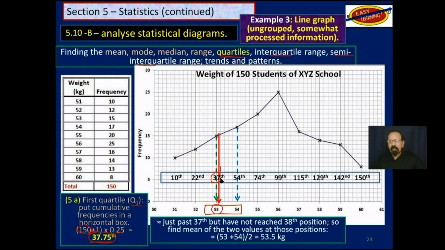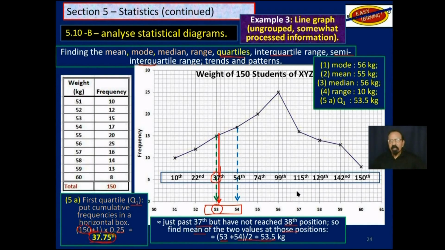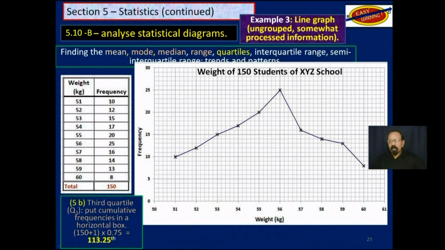Somewhere here. So we have just passed the 37, we have not yet reached the 38th position. So we'll find the mean of the two values at those positions, and we get 53.5. So Q1 is 53.5. Let's find Q3.